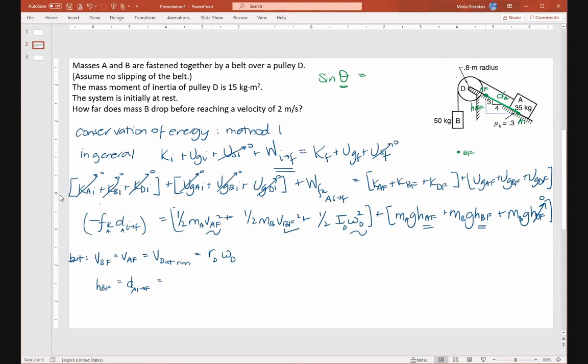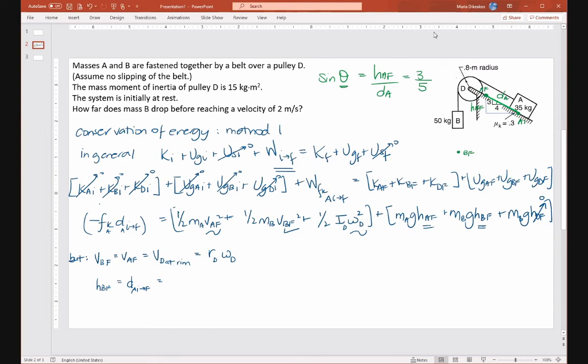So sine of this angle here is opposite over hypotenuse. Opposite in this case is HAF, and hypotenuse is DA. And like you said, you have similar triangles. So sine of theta is also equal to 3 over 5, because it's a 3, 4, 5 triangle. In which case, your HAF is going to be 3/5 DA, or DA is equal to 5/3 HAF.